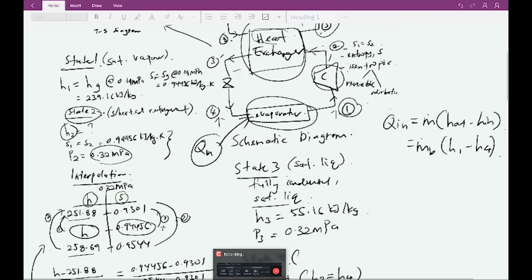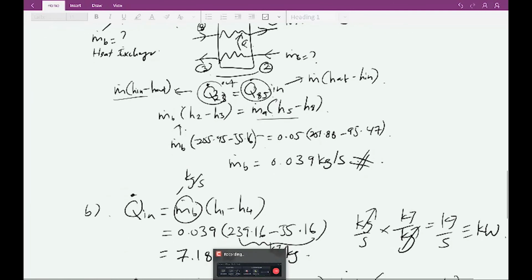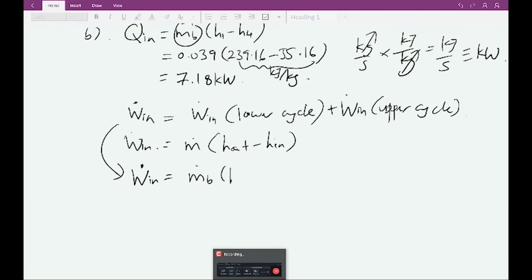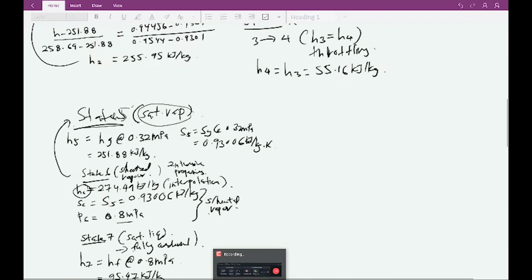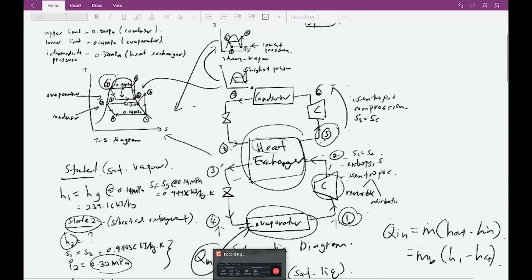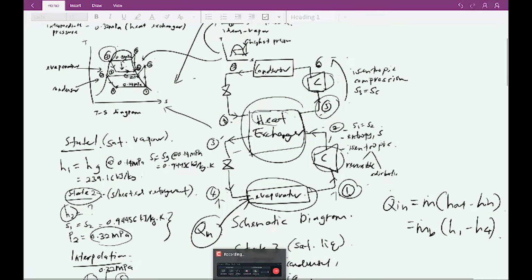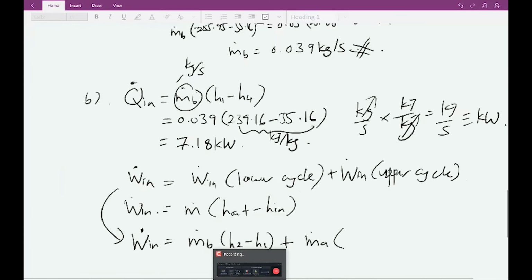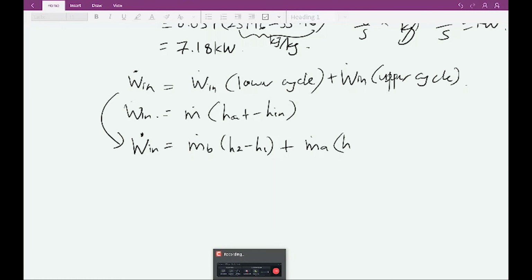Out is H2 minus H1, plus the power input for upper cycle, we use mass flow rate m dot A, and the H out for the upper cycle on your compressor side is H6, and the input is H5. H6 minus H5.